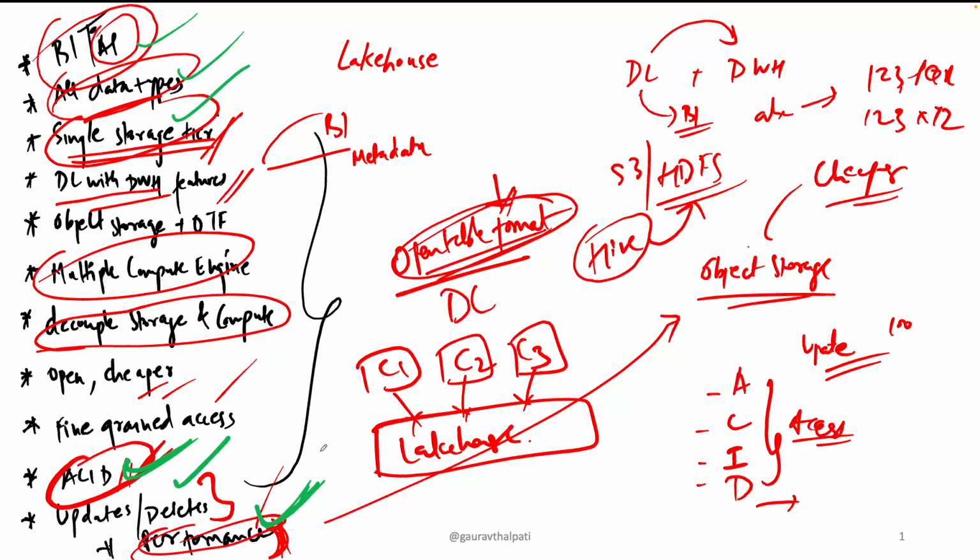In a lakehouse, you can update a record or delete a record. Since the storage is cloud object storage, it will be open and cheaper. The architecture is such that your storage is separate and the compute is separate, so you get a decoupling between the compute and the storage layer, so that you can use multiple compute engines. All these things happen because of a technology called open table format, which we are going to discuss in a while.